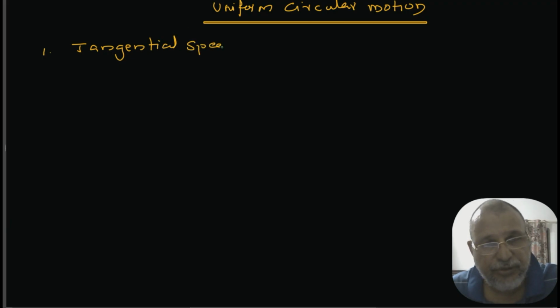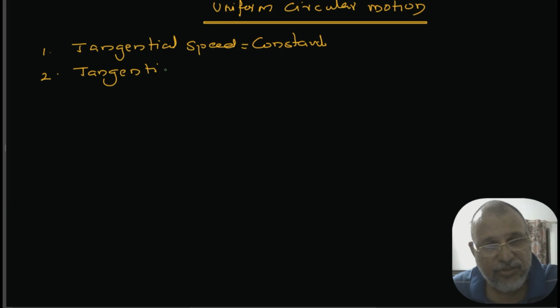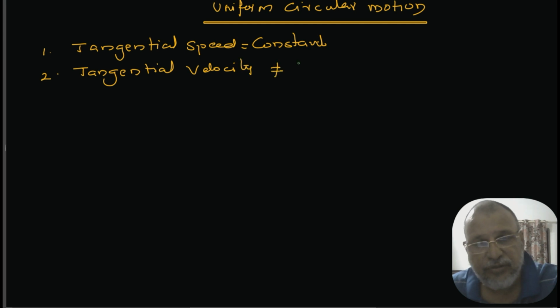Tangential speed is constant. And second important thing, tangential velocity is not constant. So what does it imply?